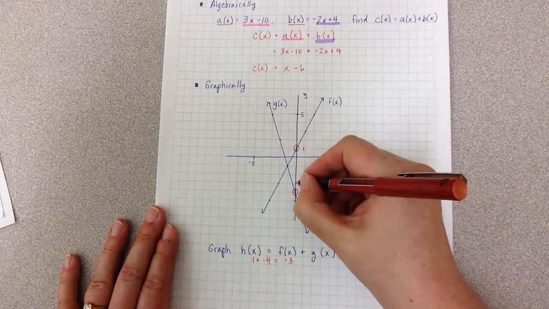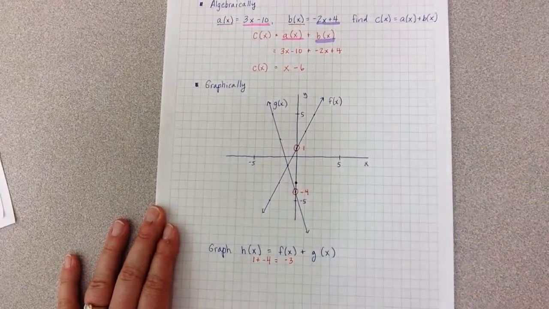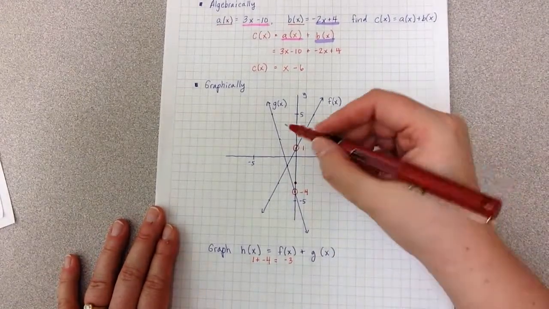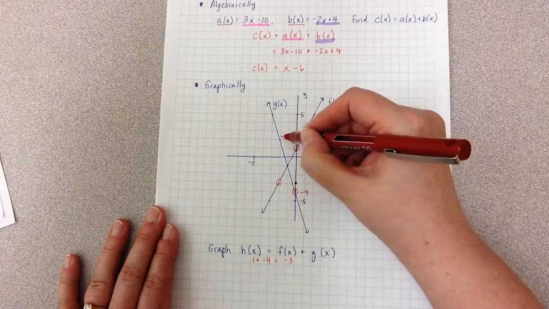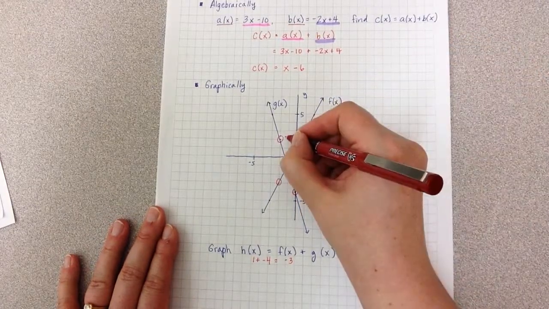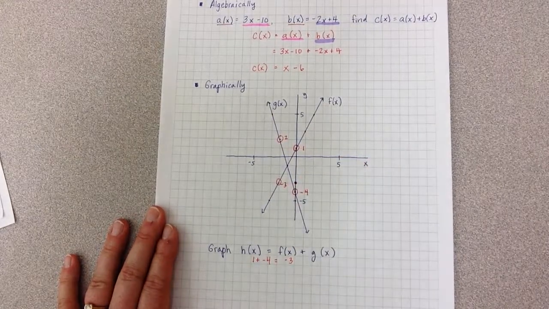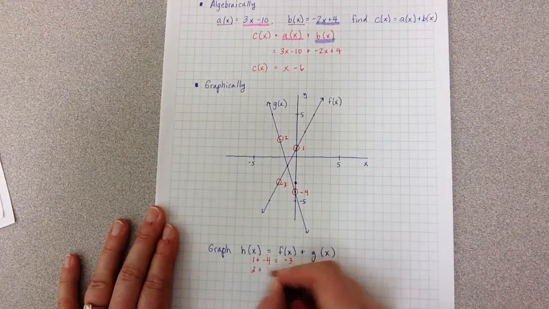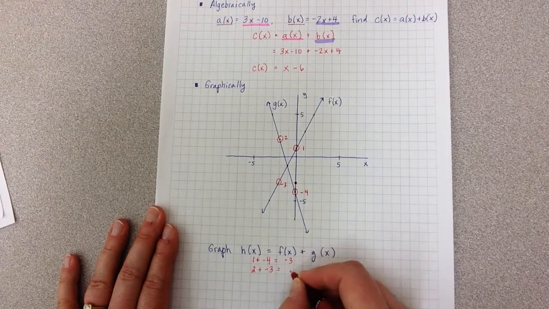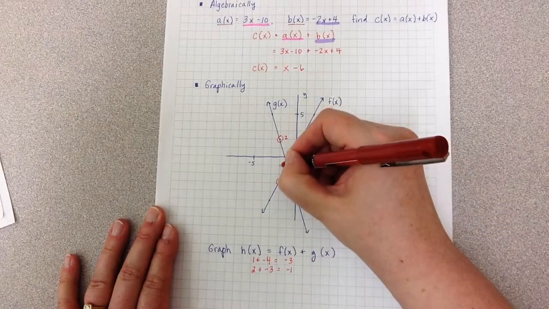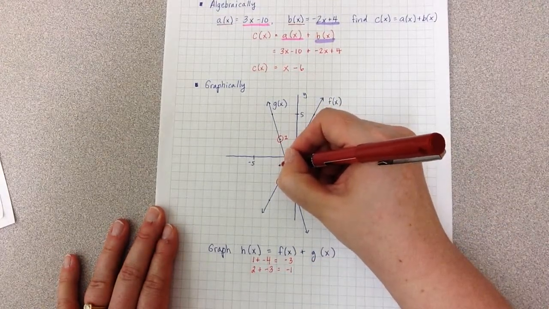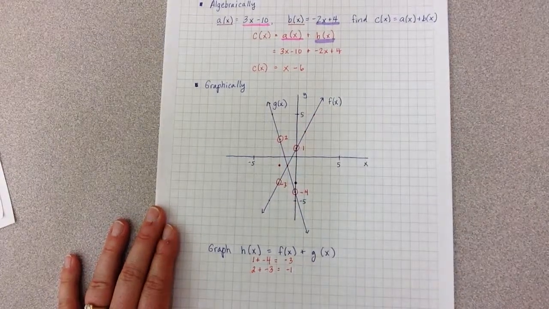So I'm going to put a dot right here at negative 3. I then maybe will add these two. This is a value of 2. This is a value of negative 3. So now I have 2 plus negative 3 equals negative 1. So I put a dot right there.